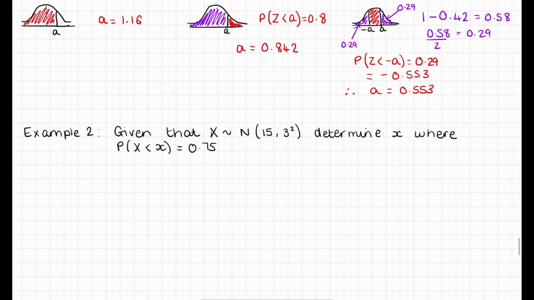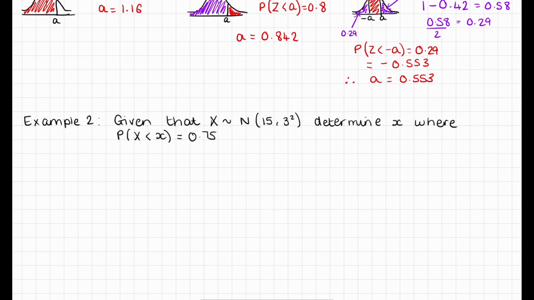Example 2, we've been given that the normal distribution has a mean of 15 and a variance of 3 squared. Determine x where P of X is less than x equals 0.75. Let's draw a diagram. We're wanting when x is less than x, and that's 0.5, so which means it will be above the mean. This is where 0.5 would be.